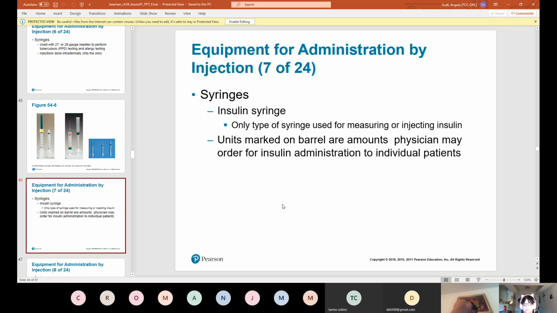Plain and simple, okay? And there is only one syringe we will ever use to administer insulin, and that will be an insulin syringe. We will not use, and never get into the habit of using, insulin syringes for anything but insulin.